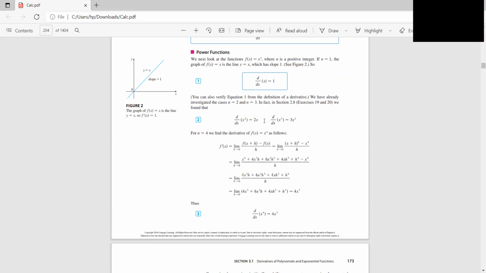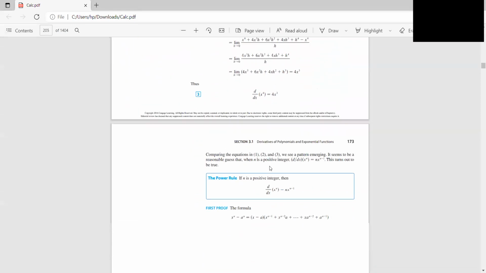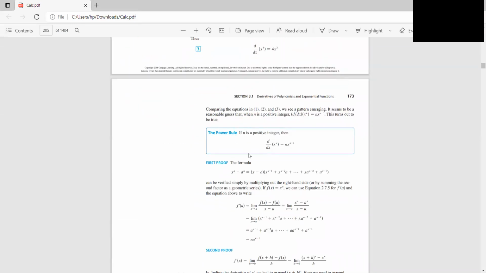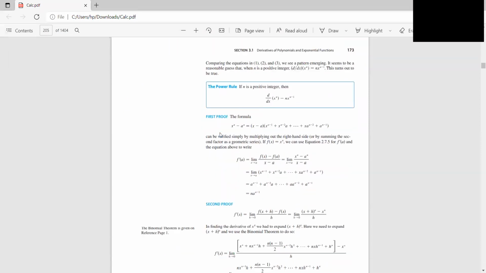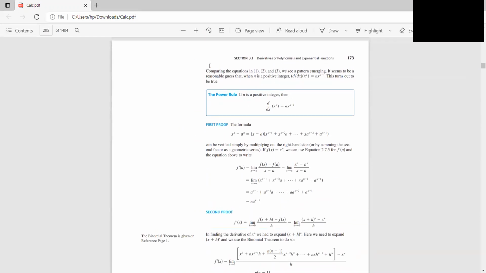They found the derivative of x square is 2x, and they did for x3, and they got 3x squared. Is this point clear to you? Yeah, this is clear. Okay. So this was a power rule, and they have just put the rule in the box. So that's what we have written down. Okay, clear.